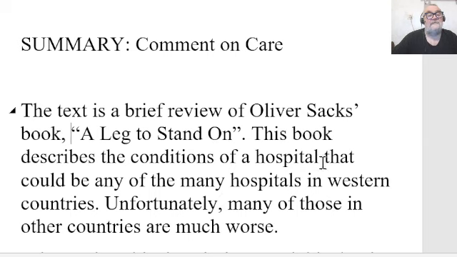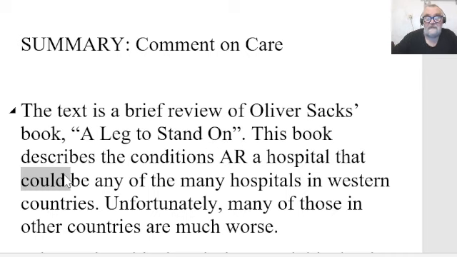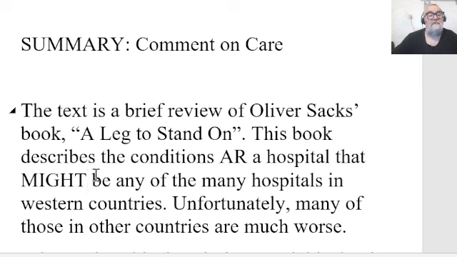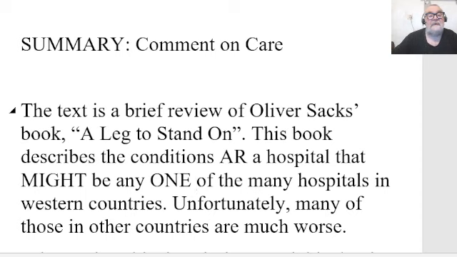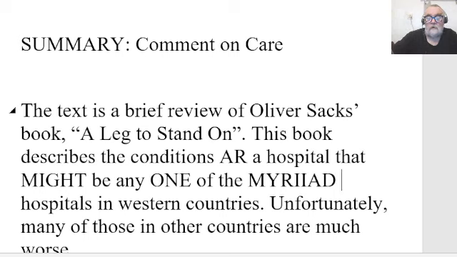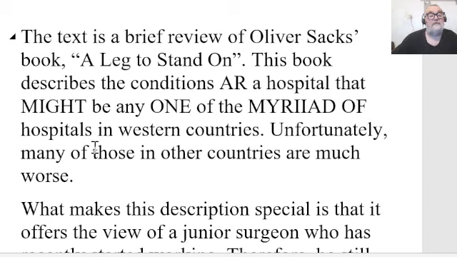I would probably say the conditions at a hospital that might be any one of the myriad of hospitals in Western countries. Could is not wrong, but might sounds better. We've got too many "manys" here, so let's change it to myriad.